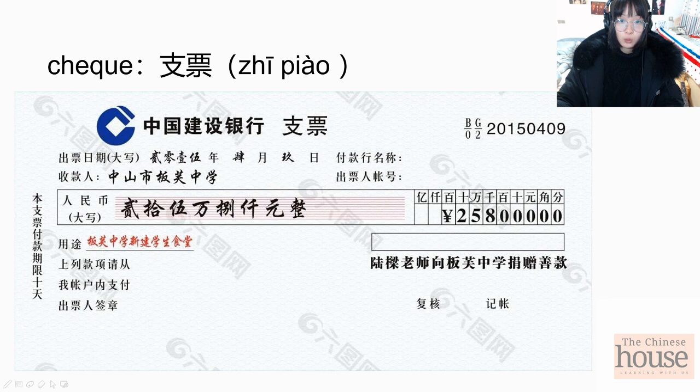This is 1. So we have 25万, right? 25万. 1,000 is 千, 1,800. 258000元.